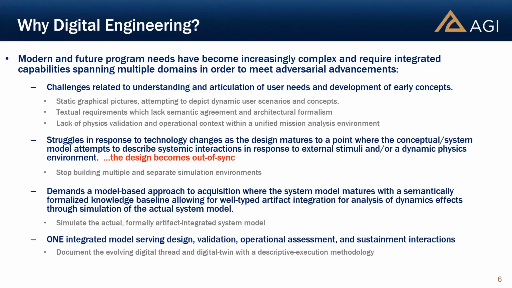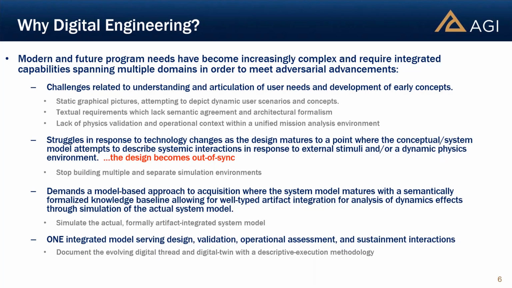All right, so let's talk a little bit about why digital engineering. Given the complexity of modern systems, the necessity for integrated capabilities with other systems, and, of course, adversarial advancements, our systems are now much more complex. In doing so, we find that there are challenges in understanding articulation of user needs. So how do we understand those early concepts?